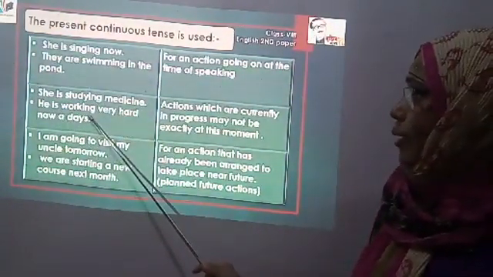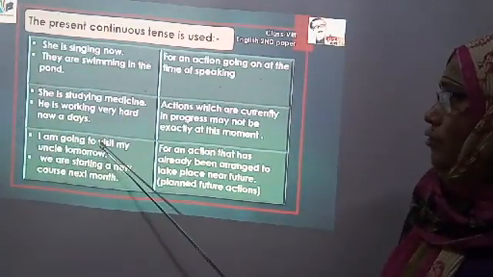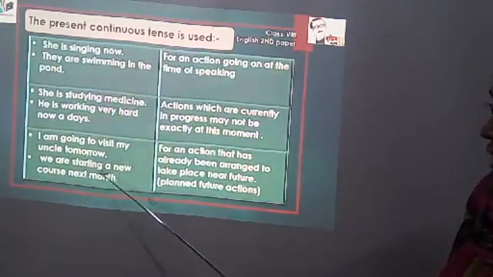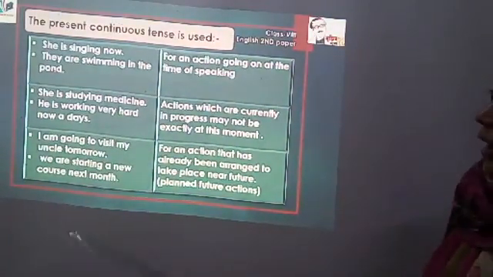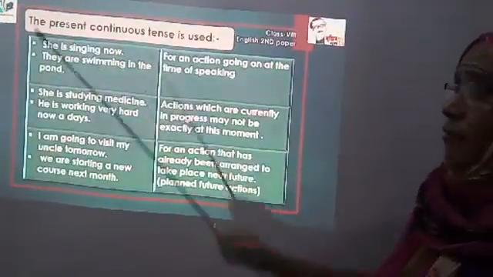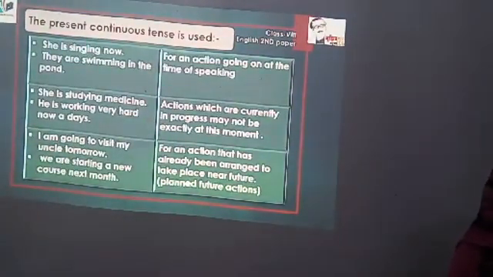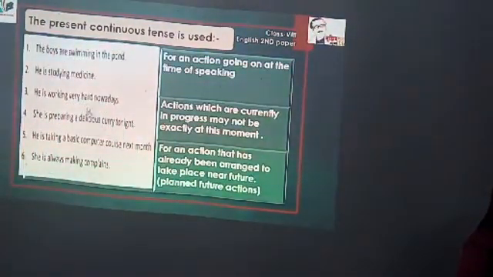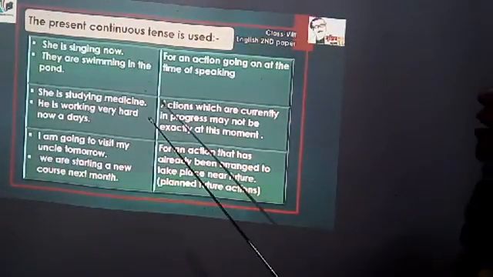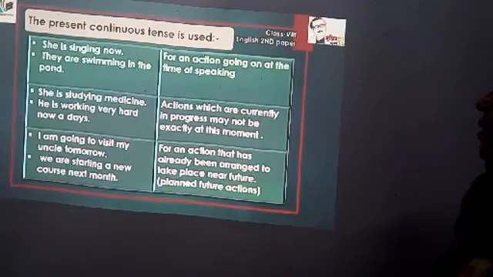He is working. I'm going to visit. We are starting. So at first the subject, then auxiliary verb. Auxiliary verb what? Am, is, are, then the verb will take ing.